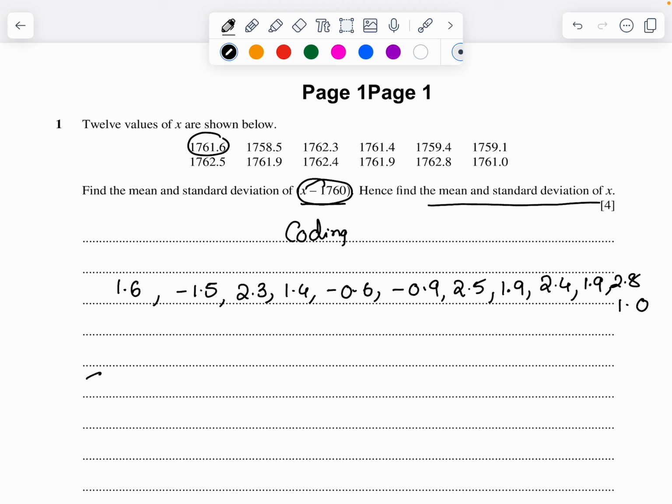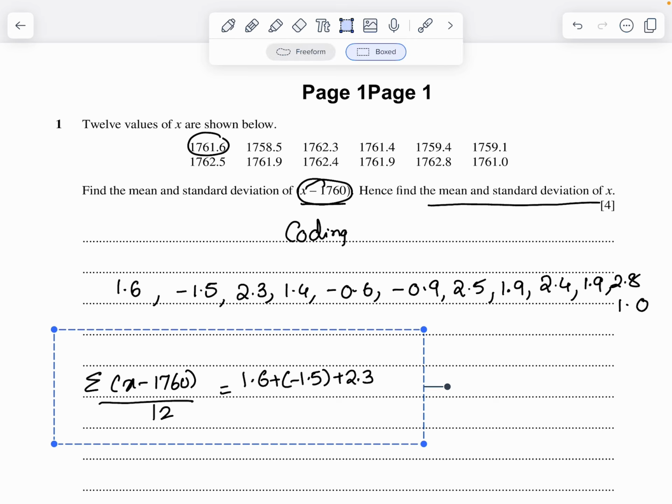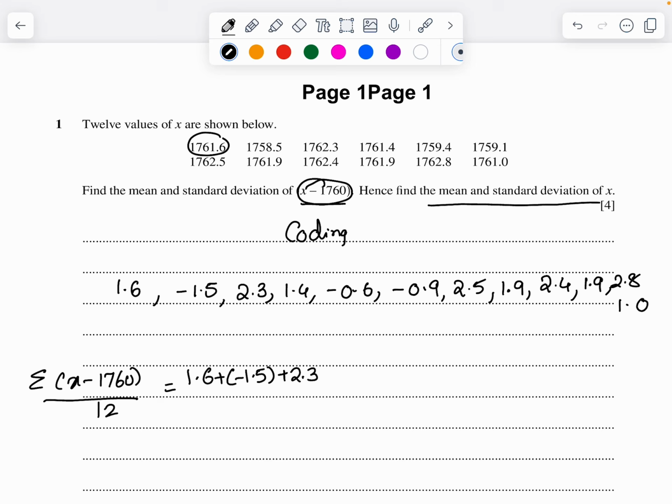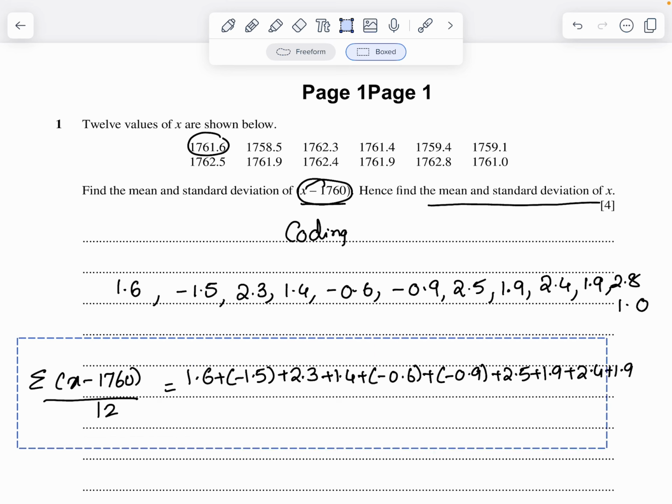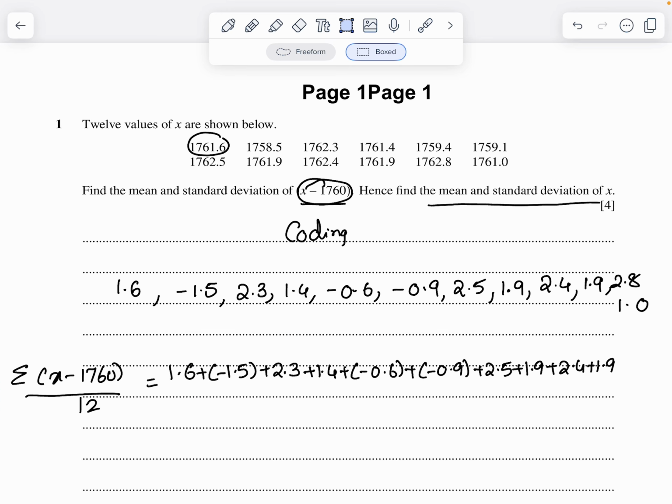Now we have to find the mean. So sigma of x minus 1760, divided by how many terms are there? 12 terms. So add them all: 1.6 plus minus 1.5 plus 2.3 plus 1.4 plus minus 0.6 plus minus 0.9 plus 2.5 plus 1.9 plus 2.4 plus 1.9 plus 2.8 plus 1.